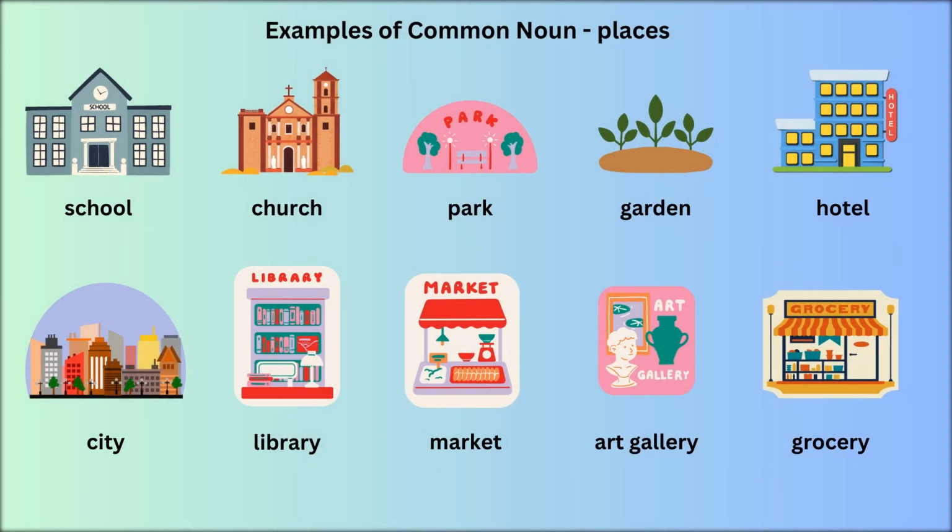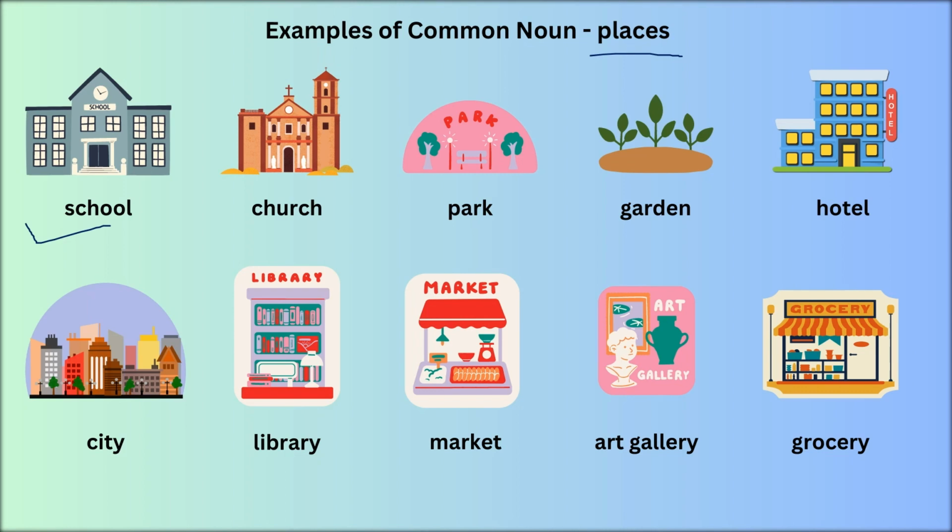So now we come to the examples of common nouns for places. Places like school. If we say just the school, it can be any school. If I say St. Joseph School, then I am talking about St. Joseph School only, particularly, because I mention a name. But when it is a common noun, we will not find a name.